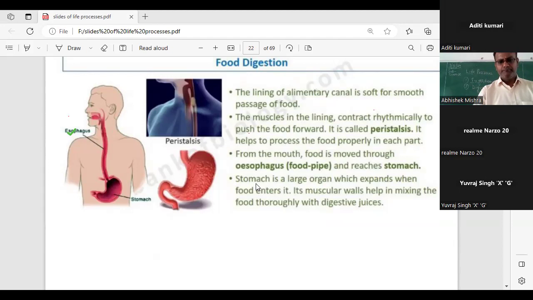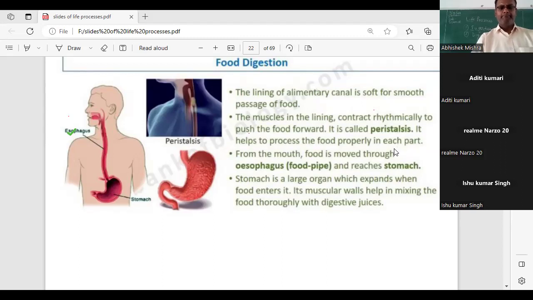HCl has 2 functions. It kills any bacteria present in the food. Second, it provides an acidic medium for the enzyme pepsin. Mucus protects the stomach wall from the action of HCl. Now, pepsin is a protein digestion enzyme. So, protein digestion begins in the stomach. Now the food goes to the small intestine.